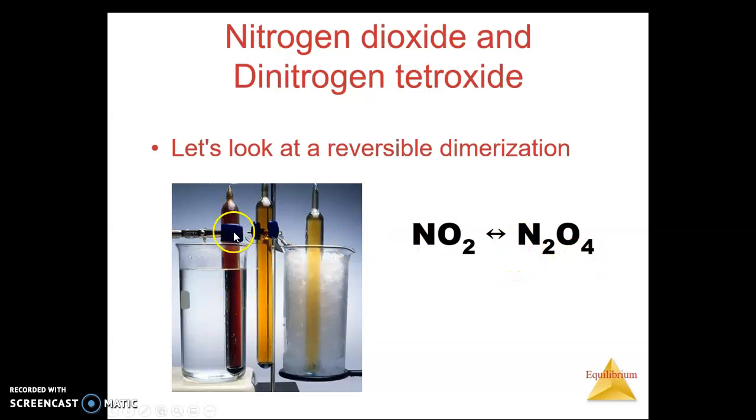And as you can see, hot water, cold water, the temperature affects what is predominant. Here, in hot water, the NO2 is predominant, and here in cold water, the N2O4 is predominant.